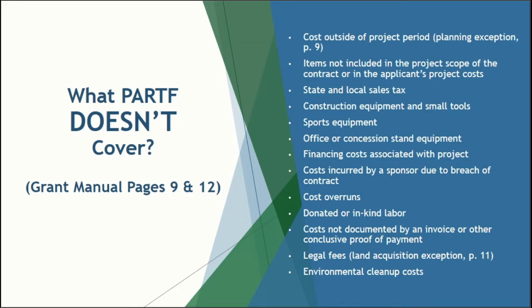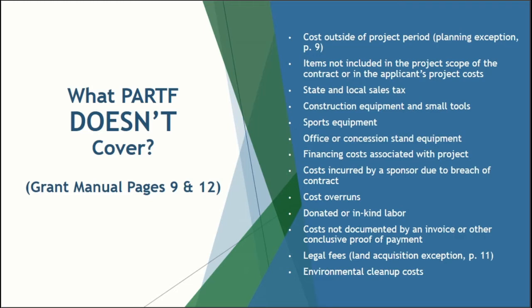PARTF does not cover items not included in the project scope or in the applicant's list of project cost: state and local sales tax, the purchase of construction equipment and small tools, sports equipment, office or concession stand equipment, financing cost associated with the project, cost incurred by the sponsor due to breach of contract, cost overruns, donated or in-kind labor, costs not documented by an invoice or other conclusive proof of payment, legal fees.